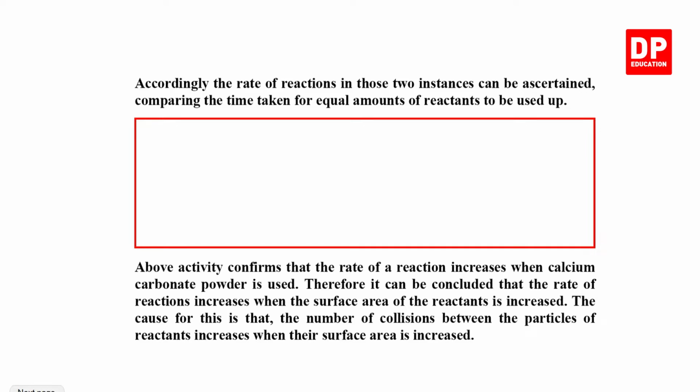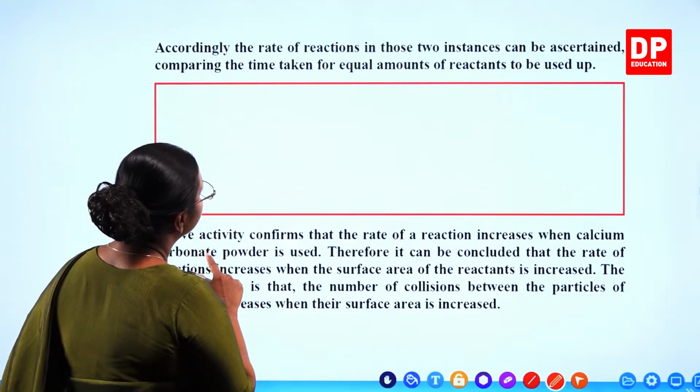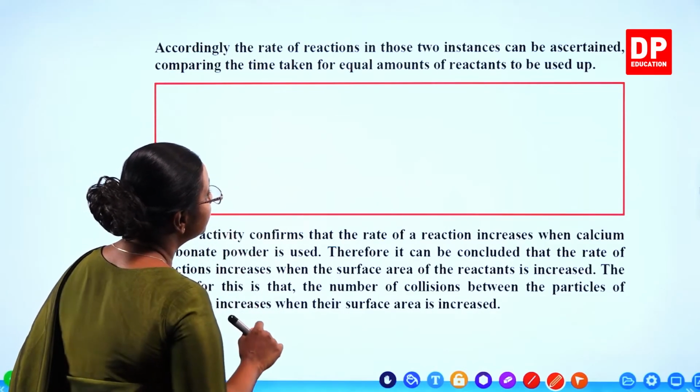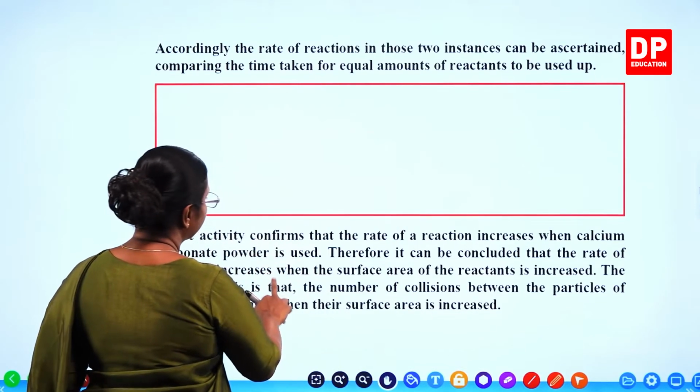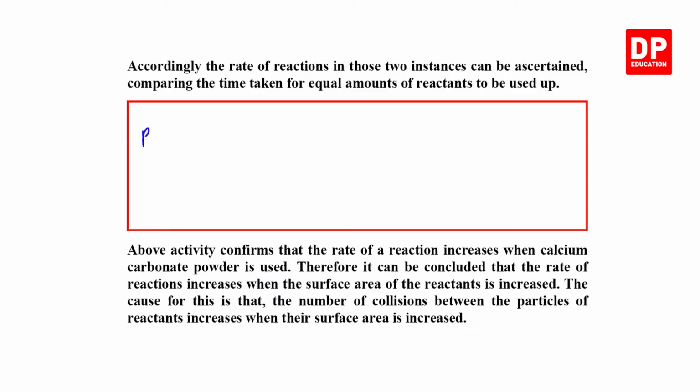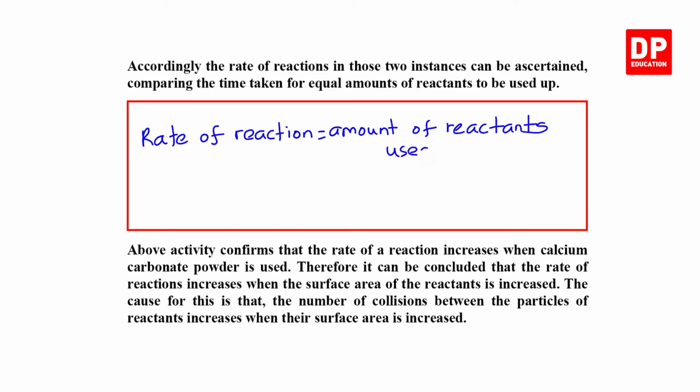Accordingly, the rate of reactions in those two instances can be ascertained by comparing the time taken for equal amounts of reactants to be used up. So here again, we calculate the rate of reaction. So what is it? Rate of reaction is the amount of reactants used up divided by time taken.